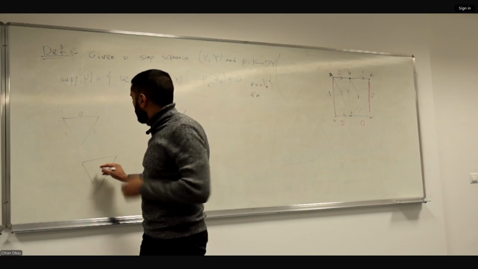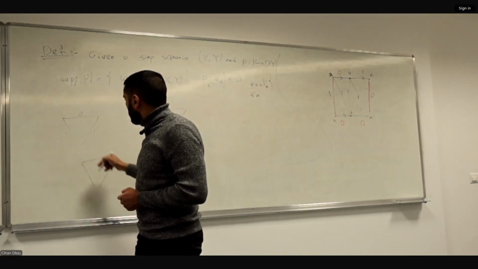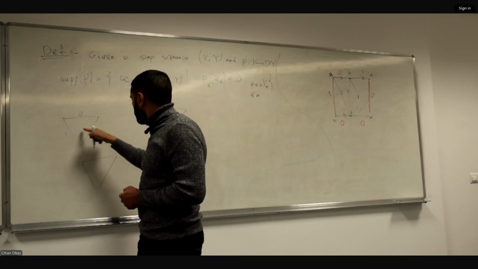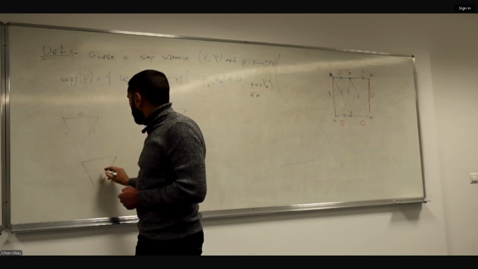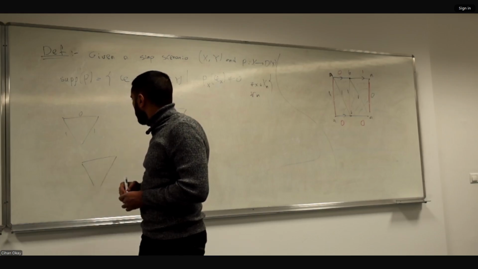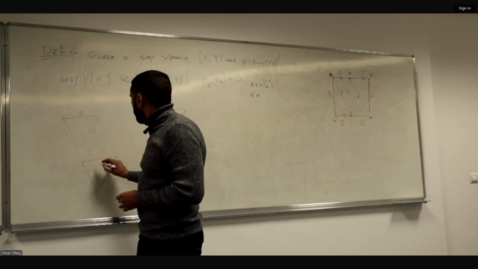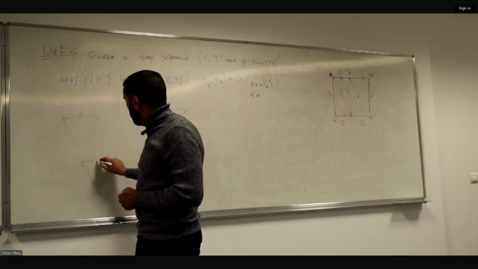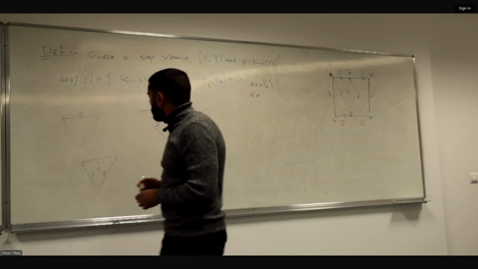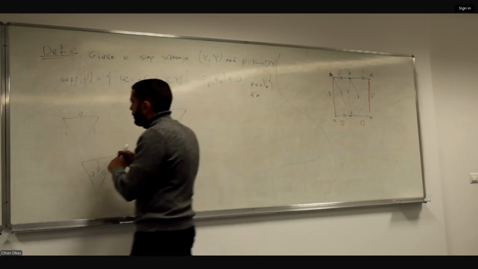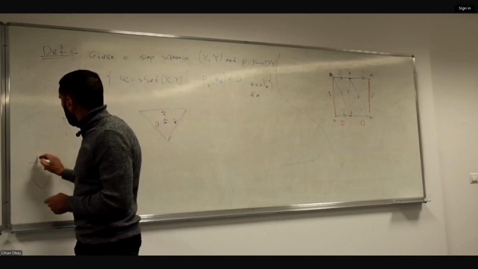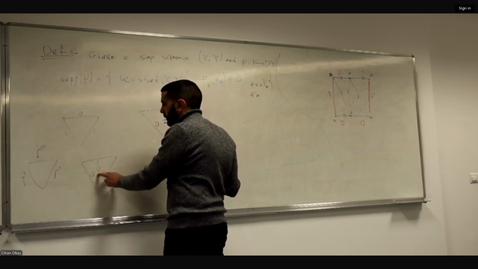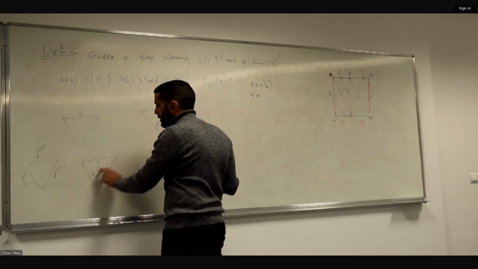I want it to be 1 on this side. For the 0, it's 1, and I want it to be 0 here. So the arrows will be delta 0 here, delta 1 here, and delta 1 here.